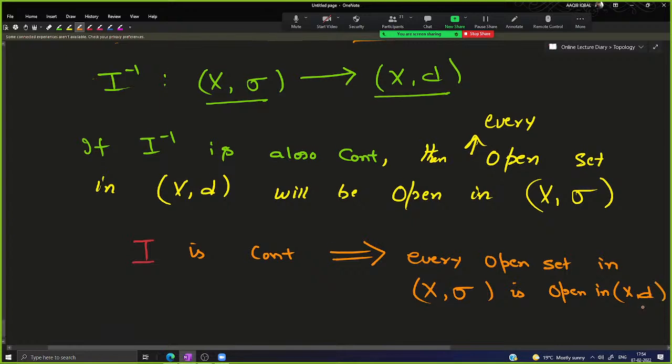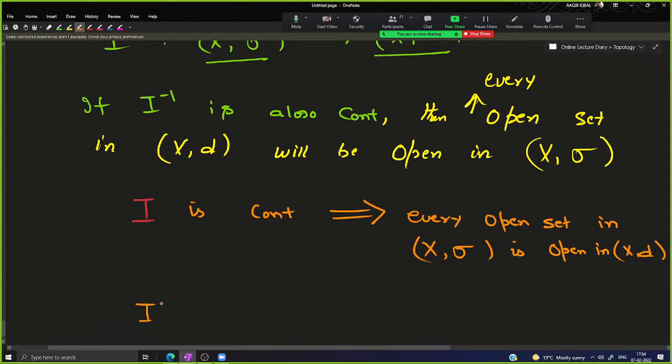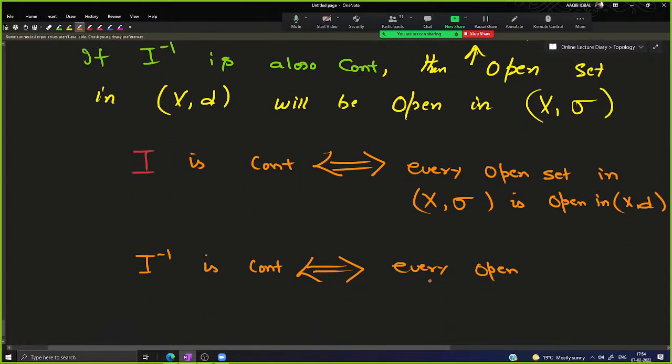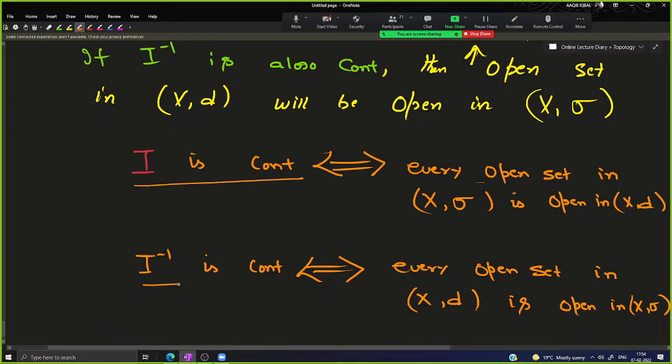Similarly, we just saw that if I inverse is continuous, it implies every open set in XD is open in X sigma. In fact the converse is also true: I is continuous if and only if this holds, and the same is the case here. You can easily see that the converse is also true: I inverse will be continuous if and only if every open set in XD is open in X sigma. These are their implications: continuity of I implies this and continuity of I inverse implies this.